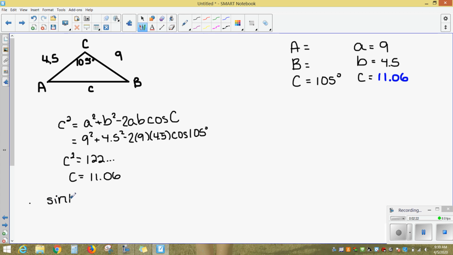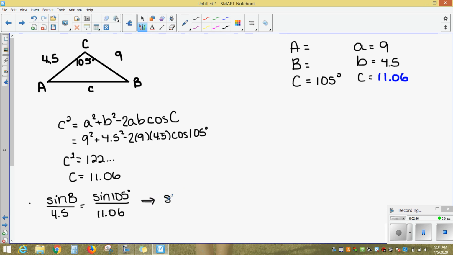So once I have that missing side and I have a pair again of a side and an angle, I could find either of my other two angles. Maybe we'll say sine B over 4.5 is equal to sine of 105 degrees over the new C that I just found, 11.06.